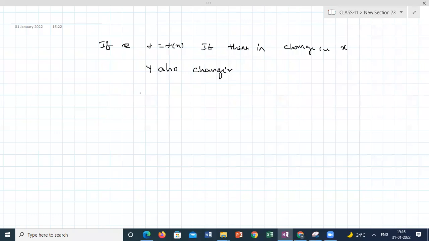So x is changed from x1 to x2. That means x2 minus x1 is called delta x. y also changed.